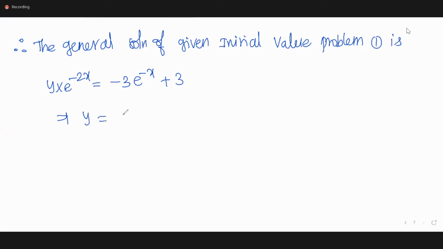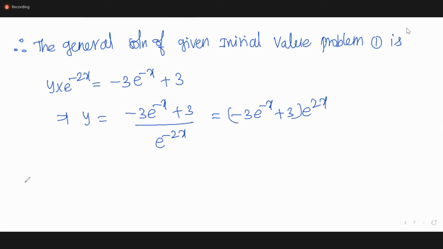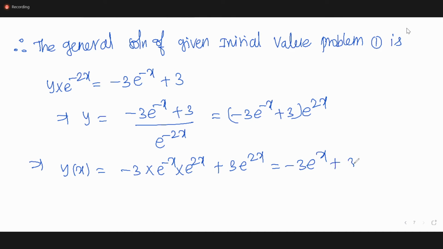So y is equal to minus 3 e power minus x plus 3 by e power minus 2x, which is minus 3 e power minus x plus 3 into e power 2x. So y of x is equal to minus 3 into e power x plus 3 into e power 2x.